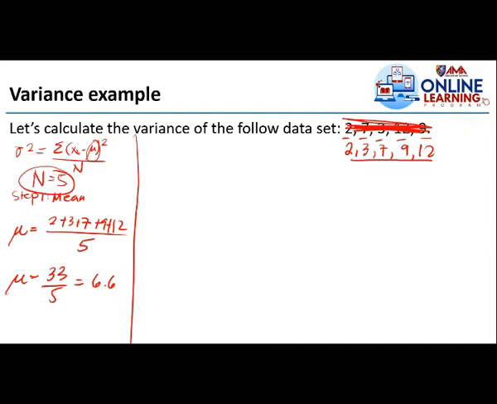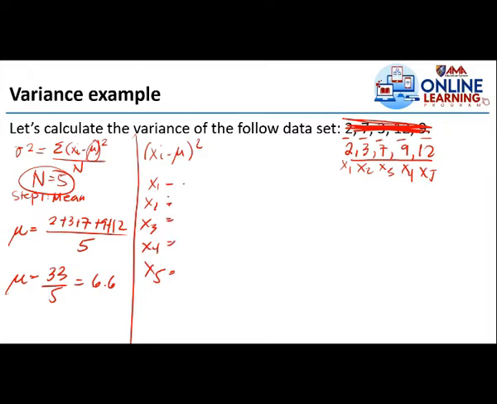Next, we have to subtract yung isa-isa, yung 2, 3, 7, 9, and 12 sa mean, then square. So, you have to get the x sub i minus mu squared. So, ito yung x sub 1, x sub 2, x sub 3, x sub 4, x sub 5.